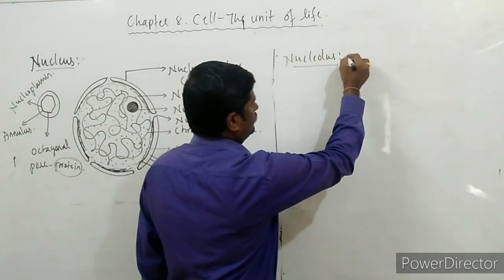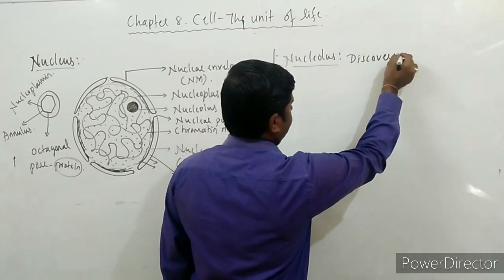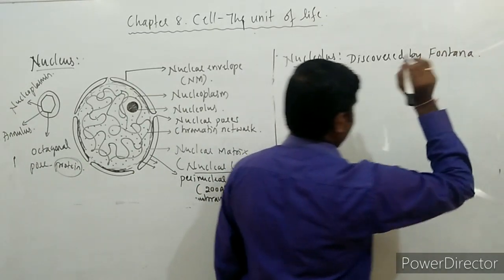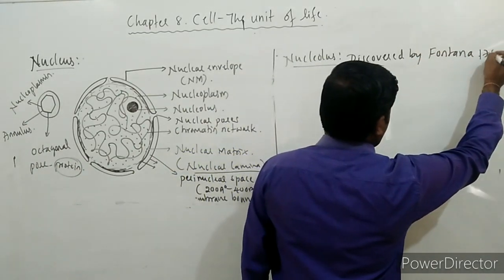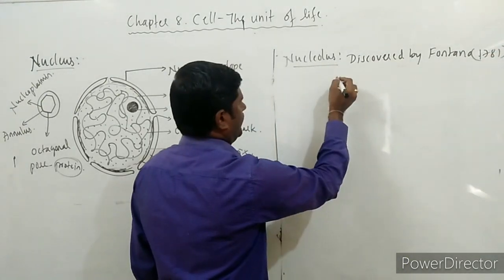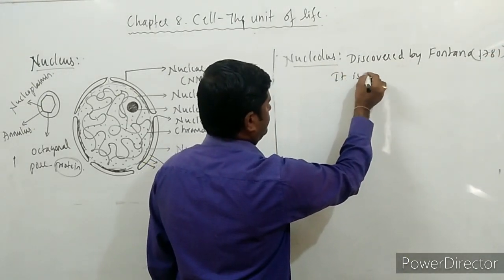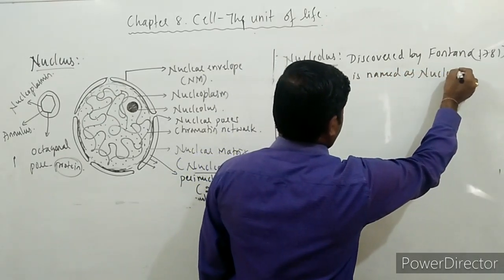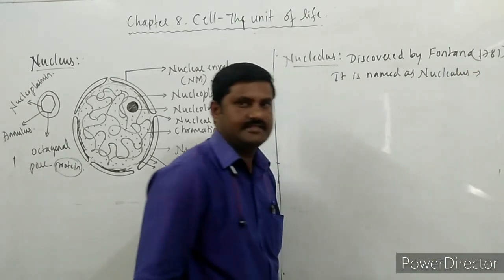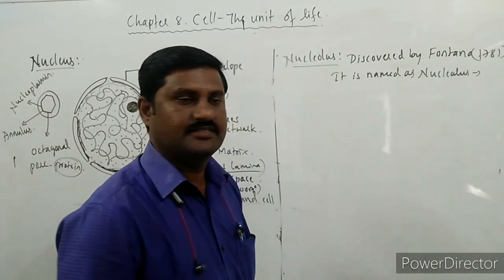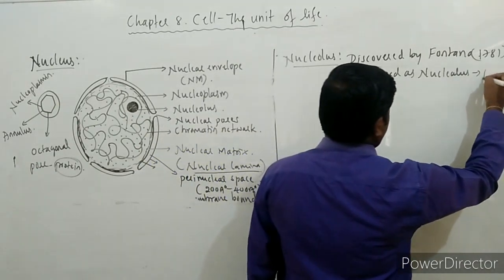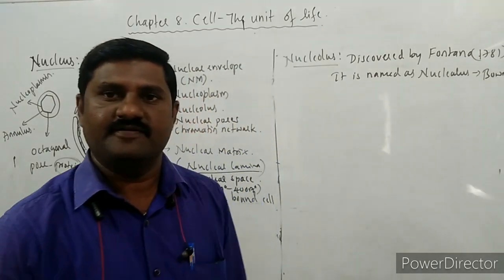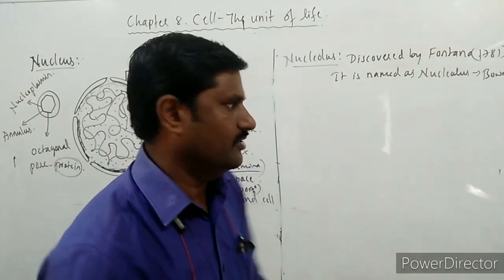It was first discovered by Fontana in 1781, and later it was named nucleolus by another scientist, Bowman. Bowman is the name of the scientist who named it nucleolus.